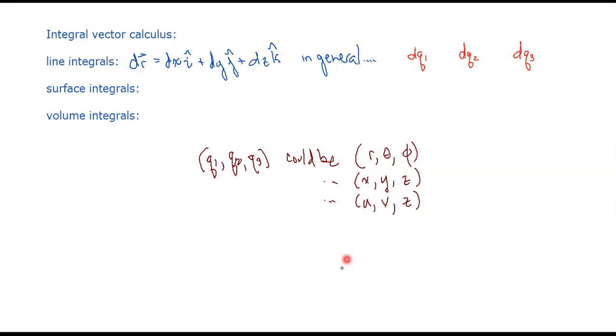If I just added these up and put in a q1 hat, q2 hat, q3 hat, which I'll do, well, hopefully somebody's answering the question. So if q2, for instance, is theta, why can't I just add all these three things up? What am I missing? Or what don't d theta and theta hat have that I would need for a real line element?